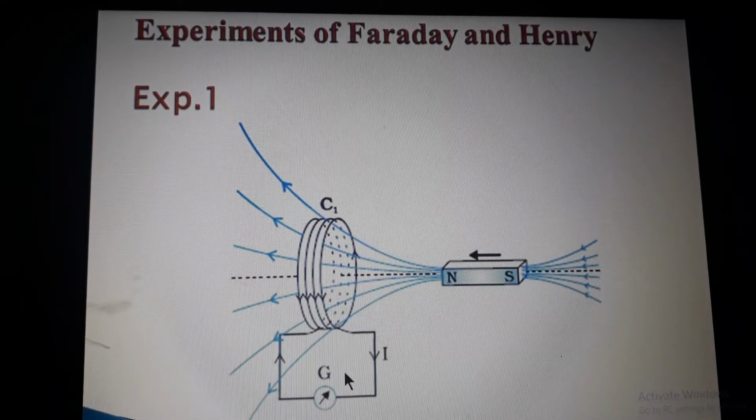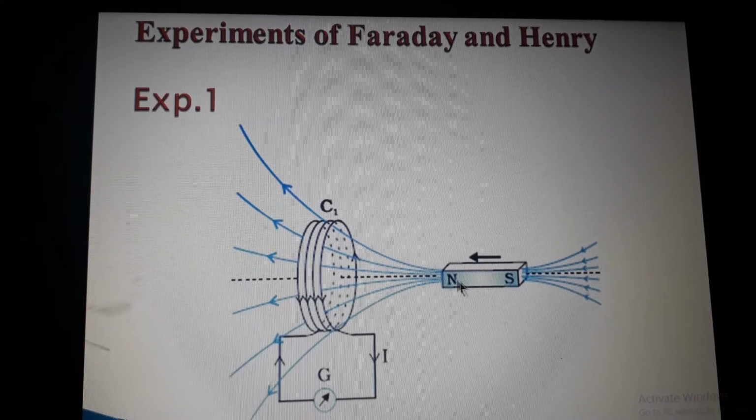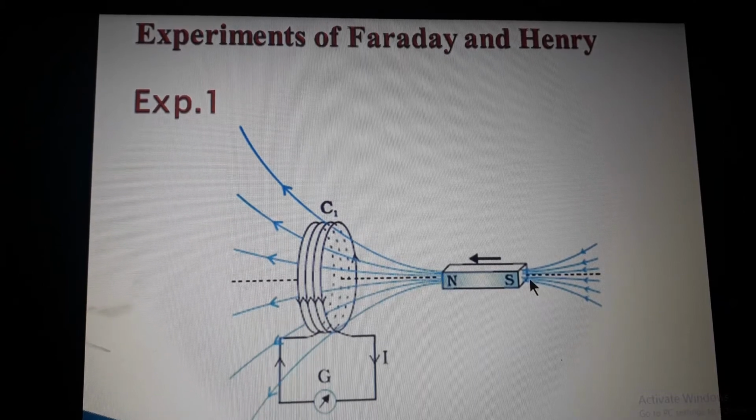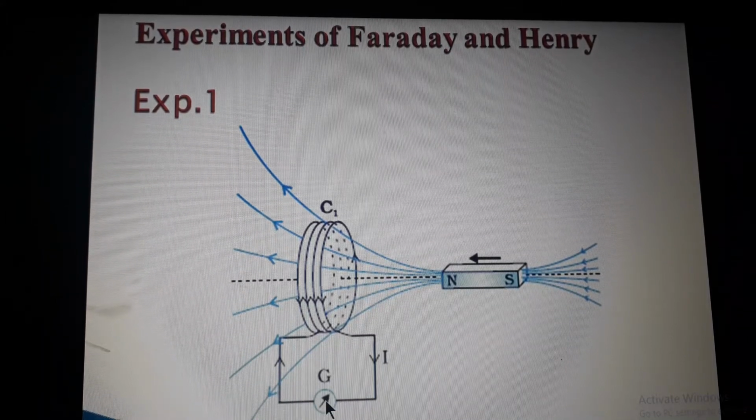But when this bar magnet is moved away from this coil, again there is a change in flux, due to the change in flux current flows, and again the galvanometer deflects.